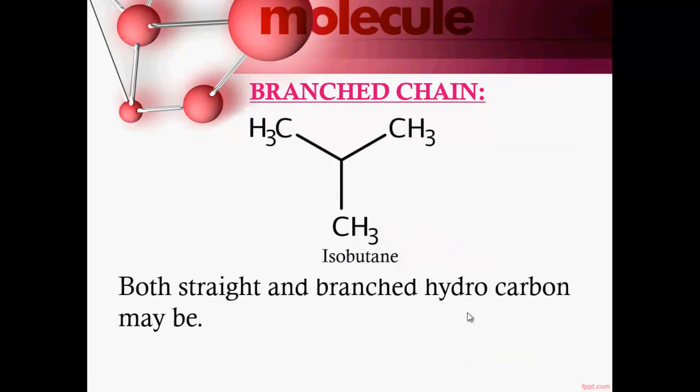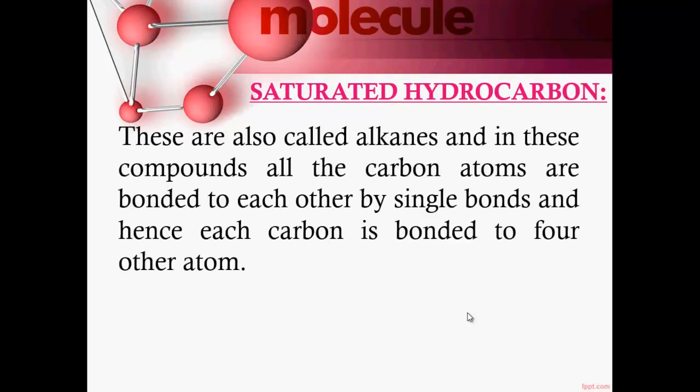Both straight and branched hydrocarbons may be saturated or unsaturated. Saturated hydrocarbons are also called alkanes, and in these compounds all the carbon atoms are bonded to each other by single bonds, and hence each carbon is bonded to 4 other atoms.